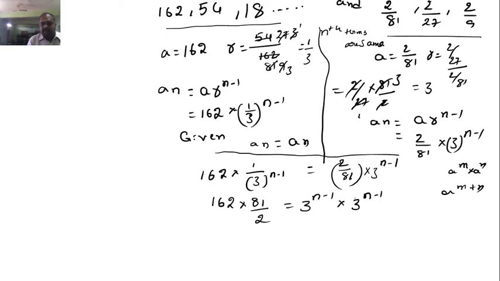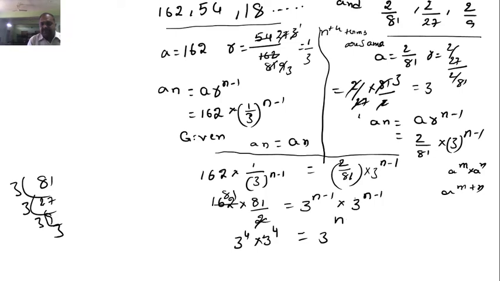Here 2 times 81, and we can write 81 as 3 power 4. So 3 power 4 into 3 power 4 is equal to, by a power m into a power n is a power m plus n.